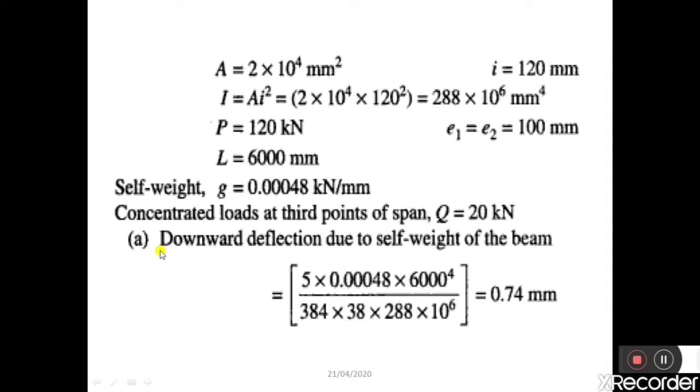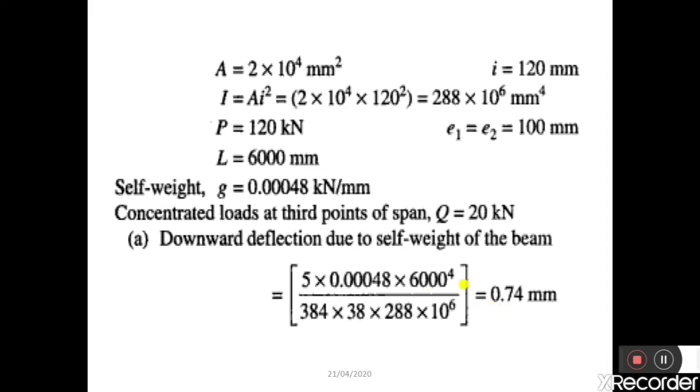What is the downward deflection due to self weight of the beam? The self weight of the beam is 0.0048 kilonewton per mm. We know the formula, it is 5 W L to the power 4 divided by 384 E I. So 5 into W, we have taken it as self weight g, into L to the power 4, divided by 384 into E into I. That gives us 0.74 millimeter.